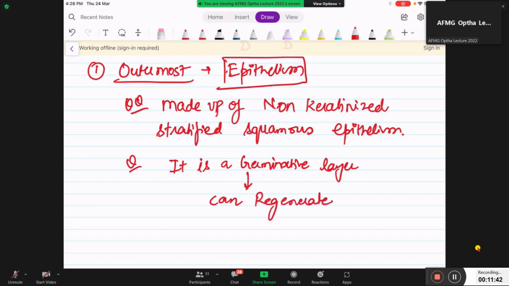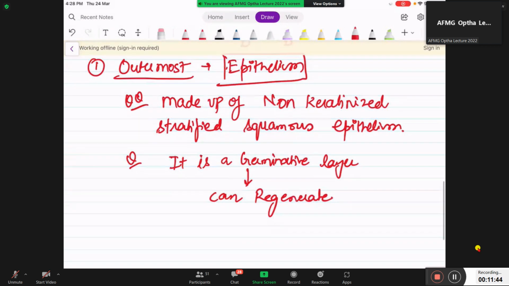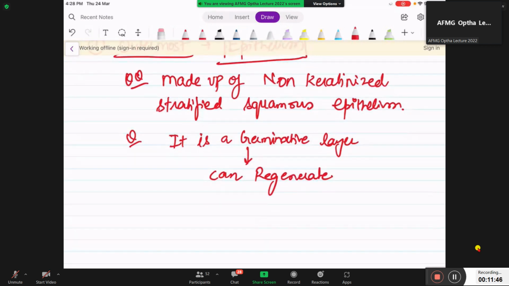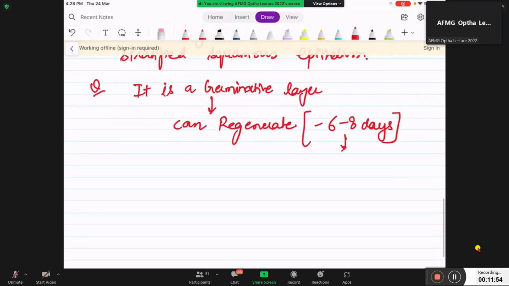And the complete turnover or healing process of the epithelium usually takes around 6 to 8 days. Now, what does it mean?